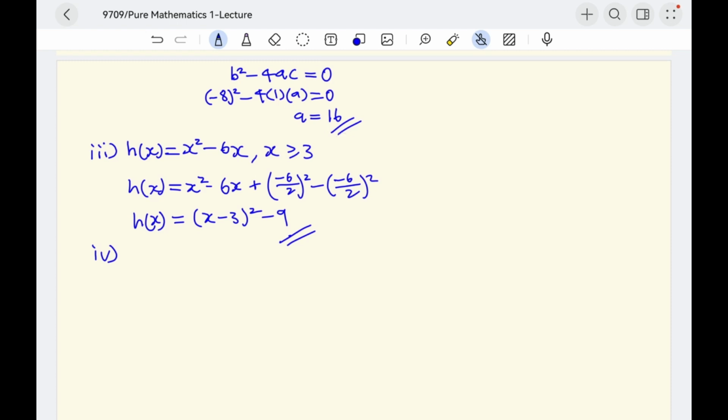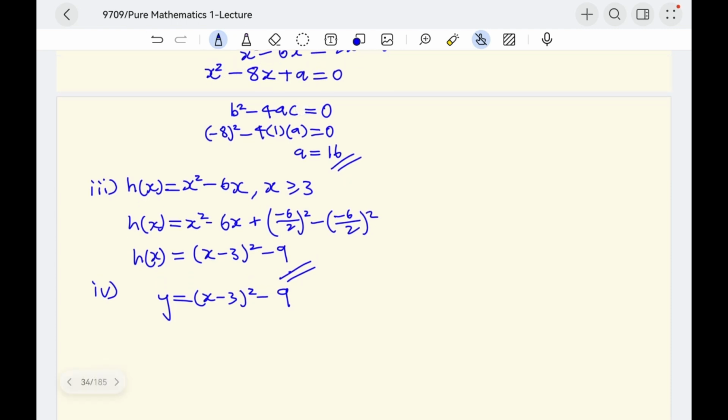So let your h(x) be y. First step, let your function be y. Next, change the subject so that x is on the left hand side, in terms of y. Basically, you need to express your x in terms of y.